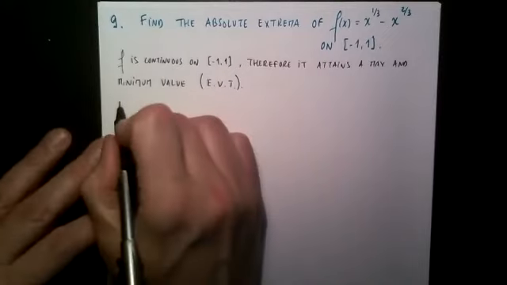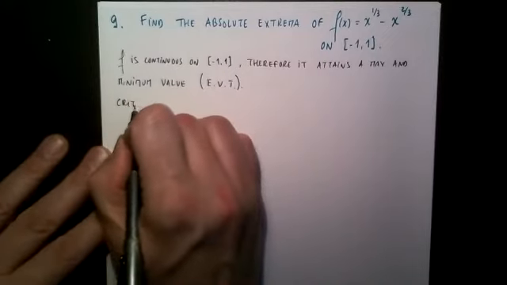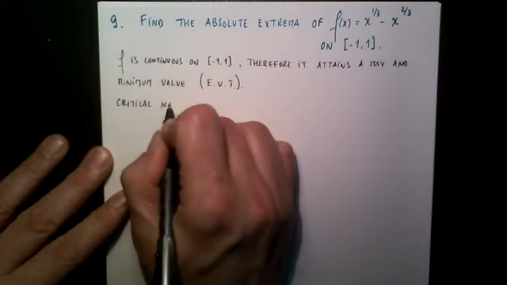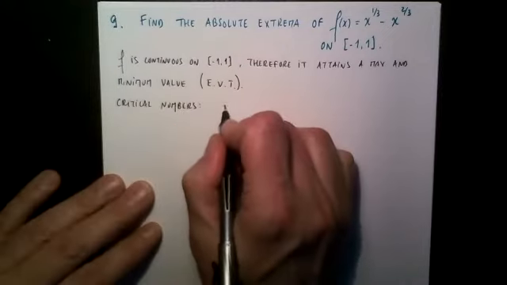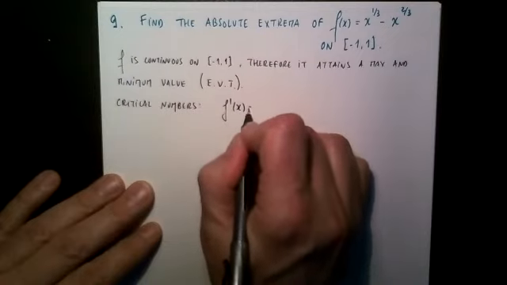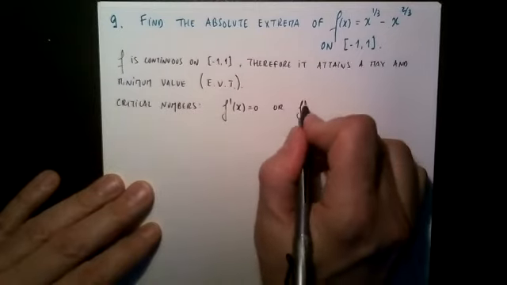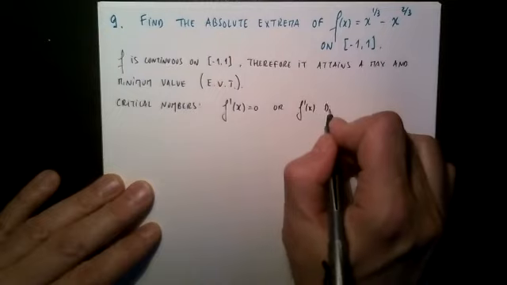So let's find the critical numbers. Basically, when f prime of x is equal to 0 or when f prime of x does not exist.